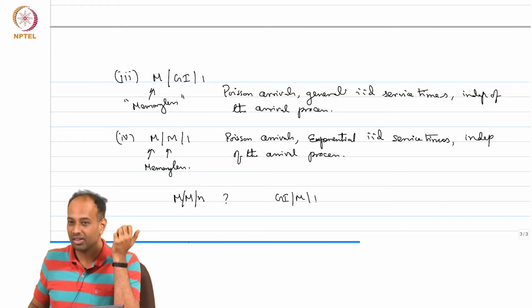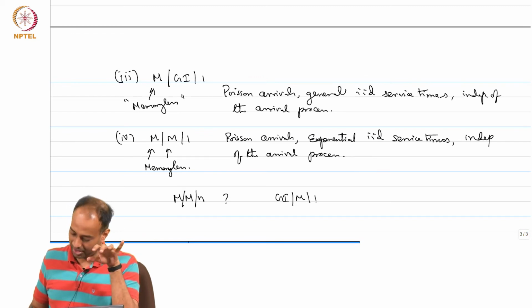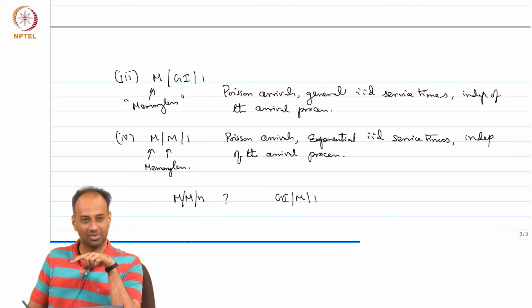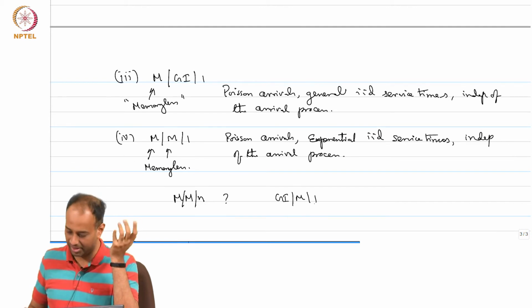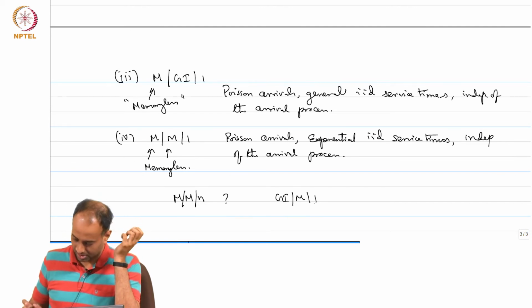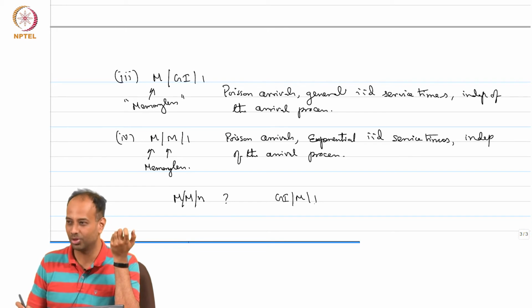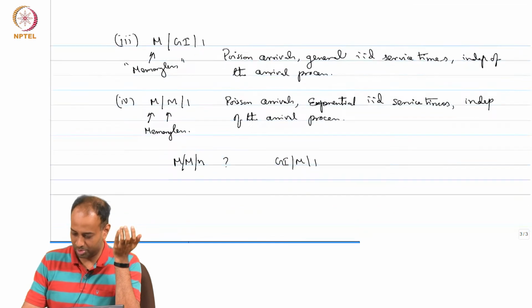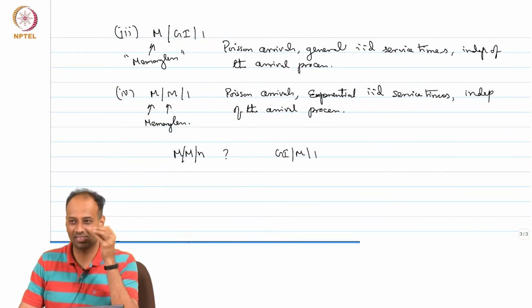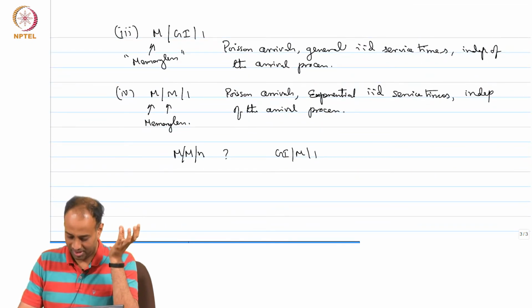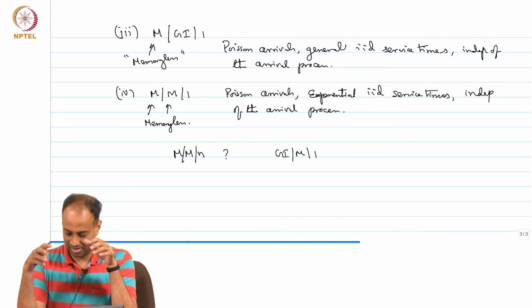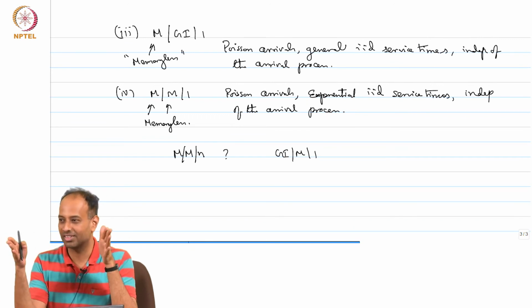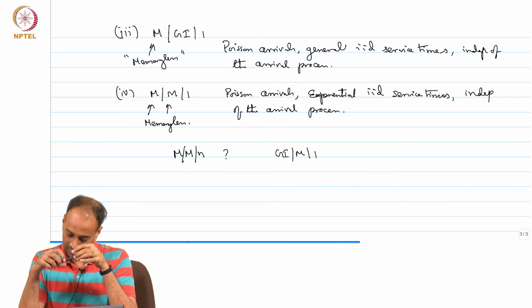Meaning renewal arrivals, general identically independent identically distributed, exponential service times and one server. Clear? So this is how a queue is specified. I think it takes a little bit of getting used to, but once you specify these 3 or 4 things across slashes, you know what you are talking about.